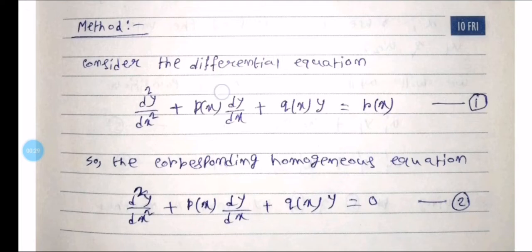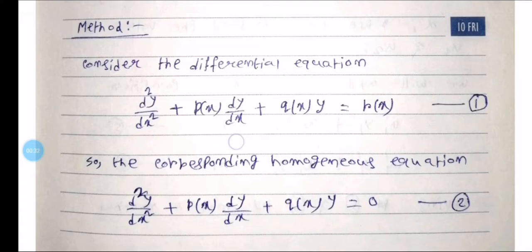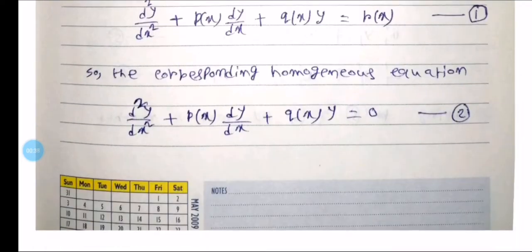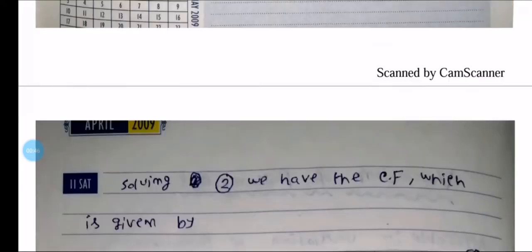Consider the differential equation d2y/dx2 + p(x) dy/dx + q(x) y = r(x). The corresponding homogeneous equation we can write as d2y/dx2 + p(x) dy/dx + q(x) y = 0.